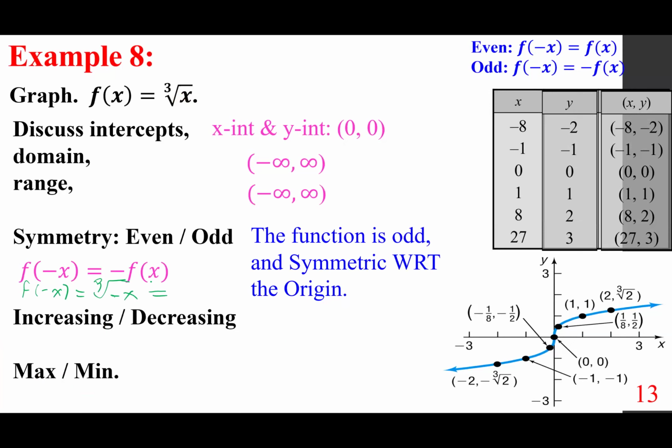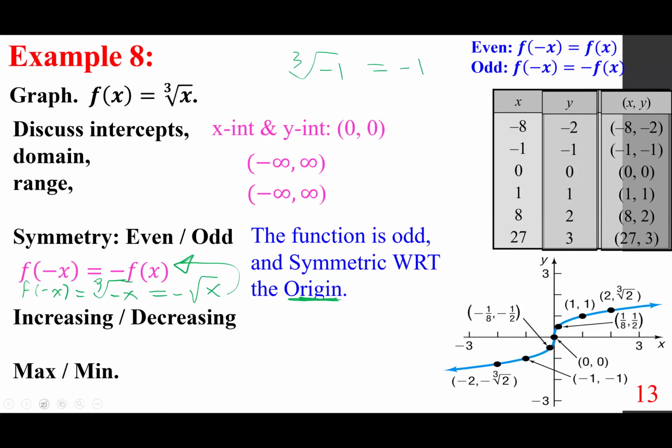And as I mentioned, I can take the negative out, because cube root of negative 1 is negative 1. So minus cube root of x, which makes it negative of f of x. In that case, it is symmetric with respect to the origin.